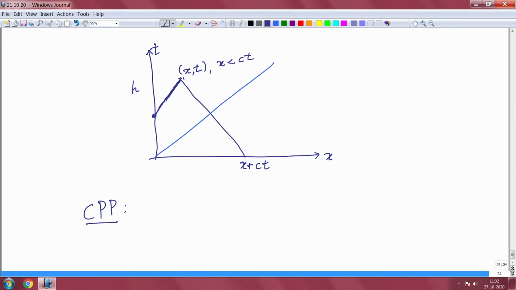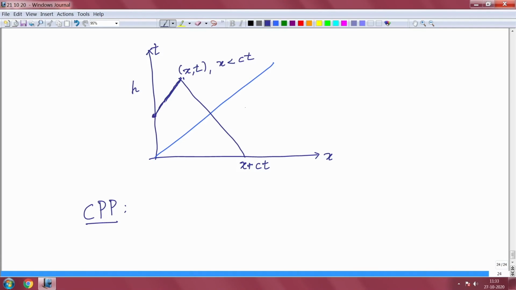So, we have to construct a characteristic parallelogram. There are already two sides, we see that. This is also a characteristic and that is also a characteristic. We want to find the solution there, and the data is given here. We also know the solution at this point, and so we need another 2 points where the solution is known.